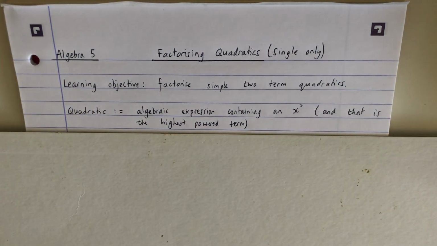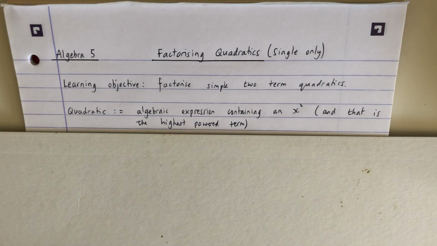So there's no x cubes or x to the power of 4s or x to the power of 5s. X squared is in there and it's the highest powered term.